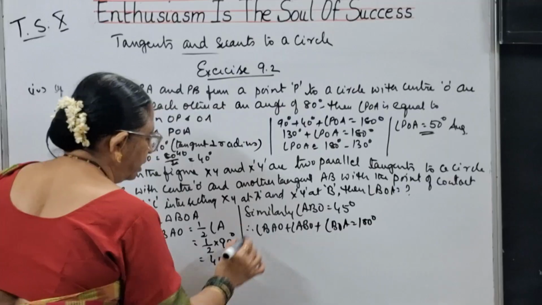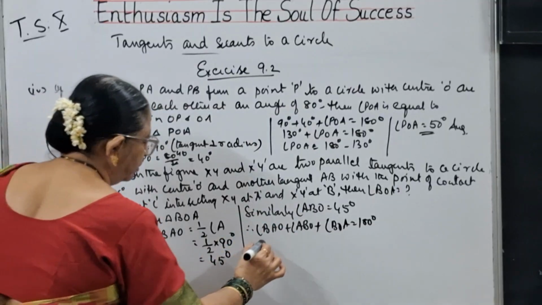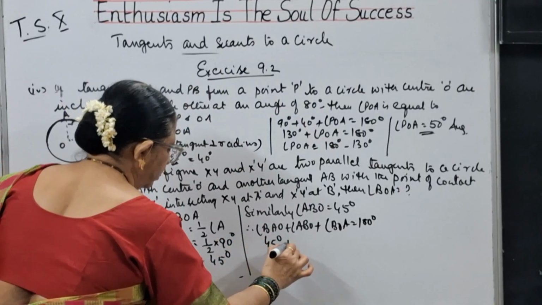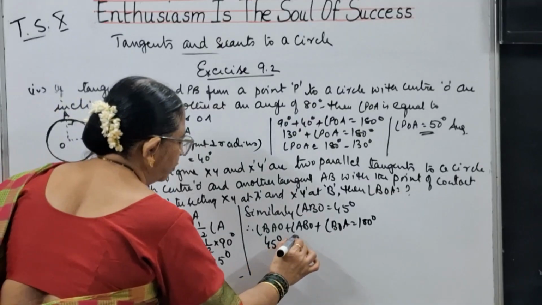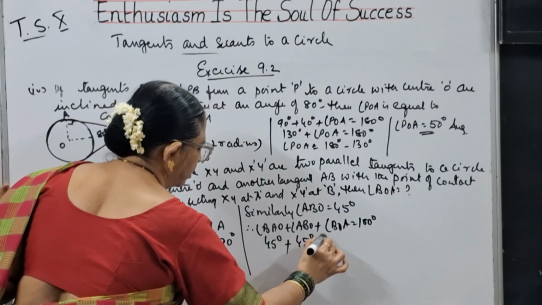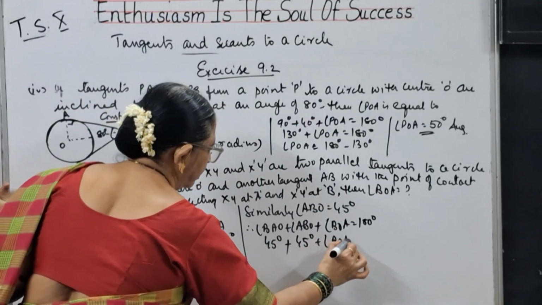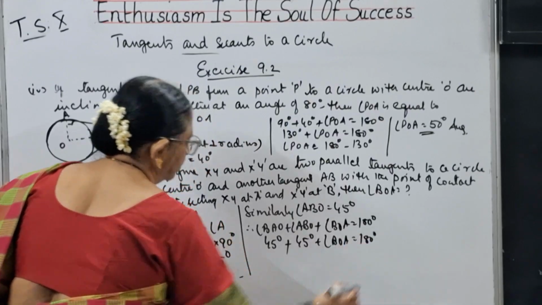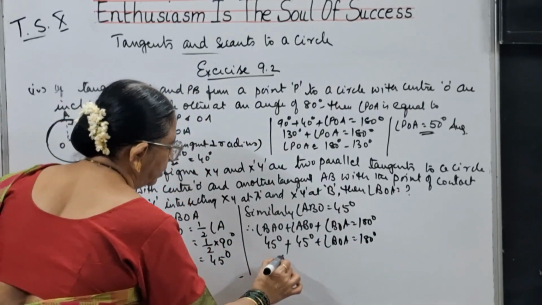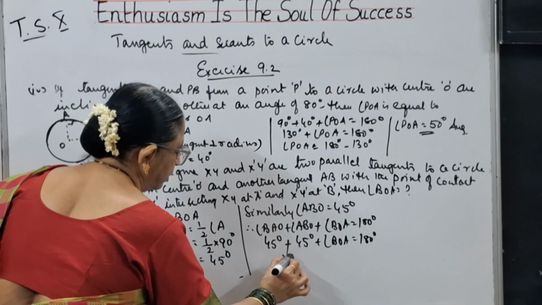So angle BAO is 45 degrees plus angle ABO is 45 degrees plus angle BOA is equal to 180 degrees. 45 plus 45, 90.